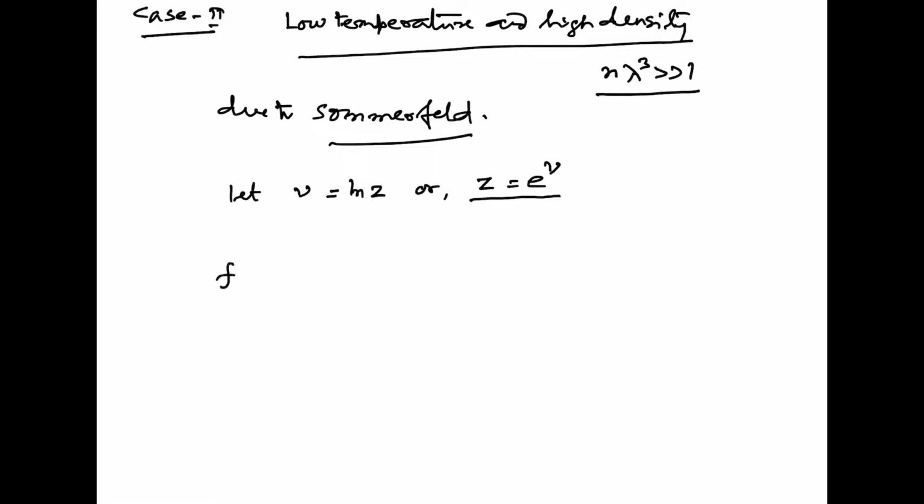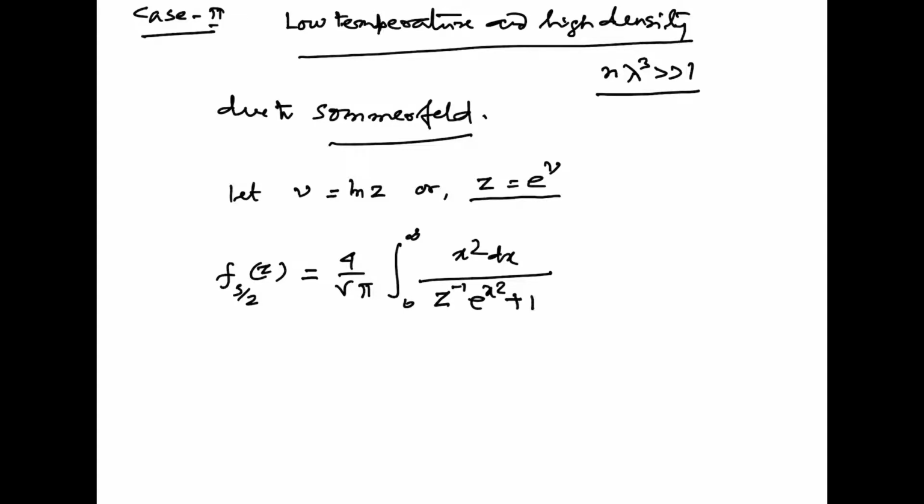Now this f 3 by 2 of z that we know is 4 by root pi integral 0 to infinity x square dx divided by z to the power minus 1 e to the power x square plus 1. Let y be equal to x square, and then f 3 by 2 of z will be 4 by root pi integral 0 to infinity.